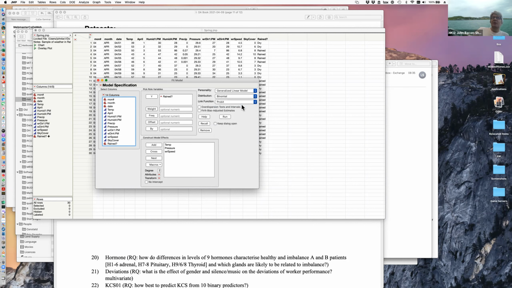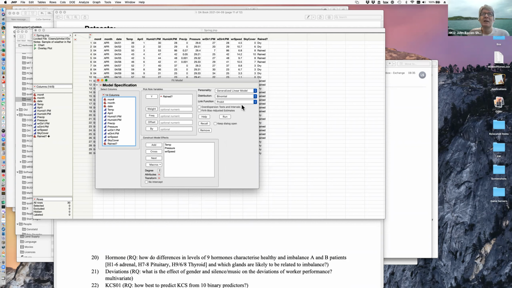So logit and probit are different ways of converting probabilities of an outcome back to a linear scale. Logit means log of probability over 1 minus probability. If the probability is the probability of, say, rained, then 1 minus probability is the probability of dry. So we're looking at the log ratio of the probabilities of rained and dry. That's a logit model.